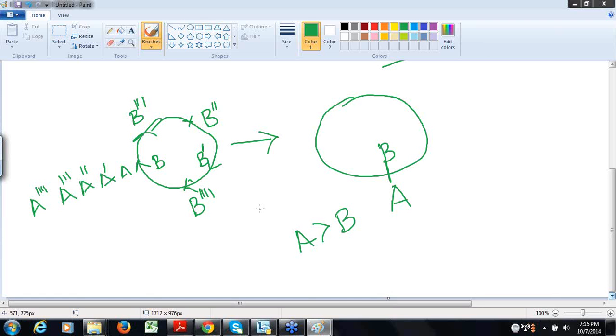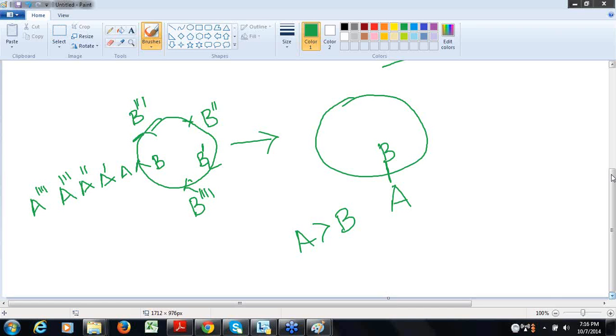B cannot take any other value other than 7 by 2, because if B is taking any other value, then it would have lapped before itself.